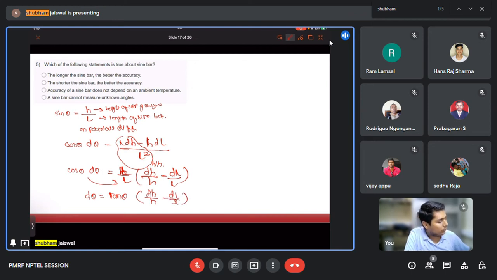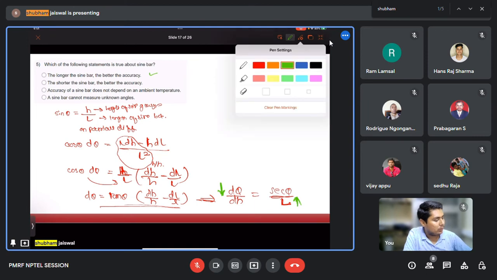Or, in simple terms, the equation we have written, d theta by dh is equal to sec theta by L. These are the two alternate variations, and they are the same; there is no change. As you can see, the longer the sine bar, that is L increasing, the d theta will decrease, meaning the accuracy is higher. So the first statement is correct.